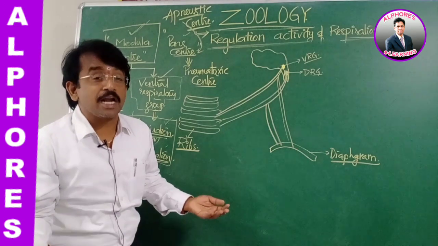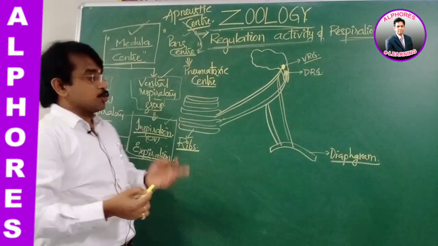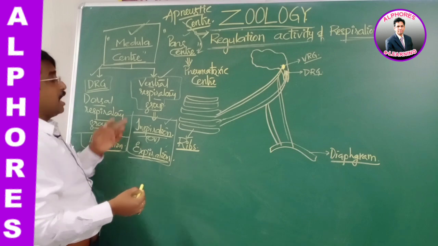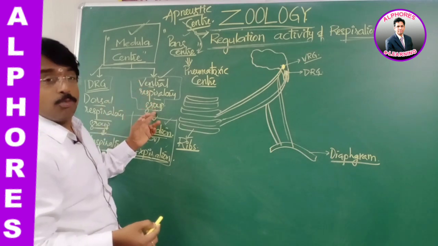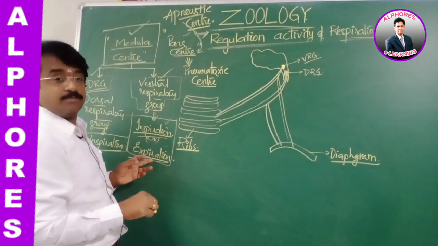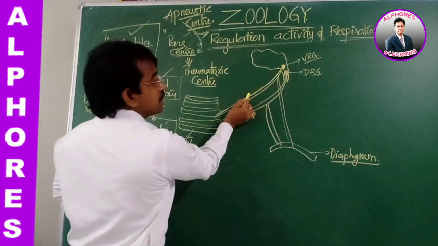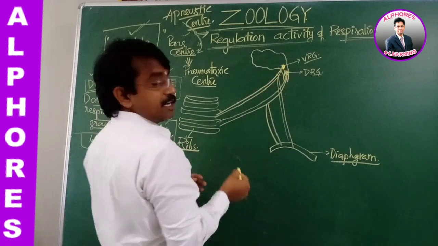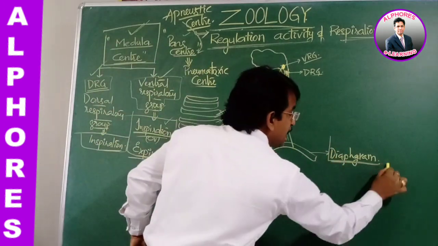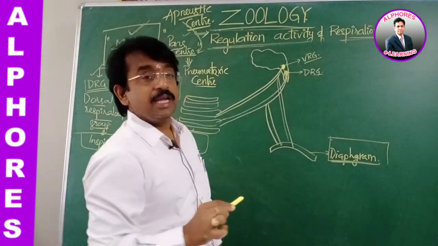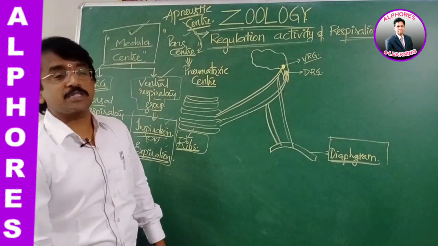The dorsal respiratory group causes inspiration, and the ventral respiratory group causes either inspiration or expiration. Diagrammatically, the ventral and dorsal respiratory groups innervate the diaphragm and the ribs, thereby regulating inspiration and expiration.